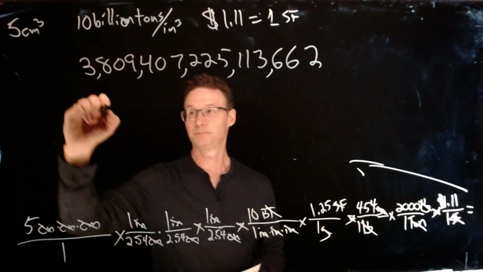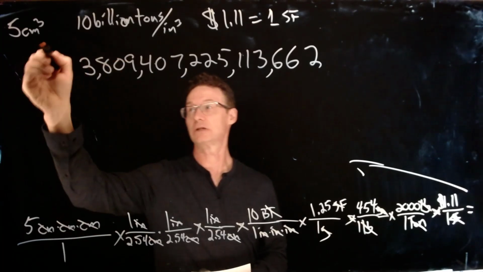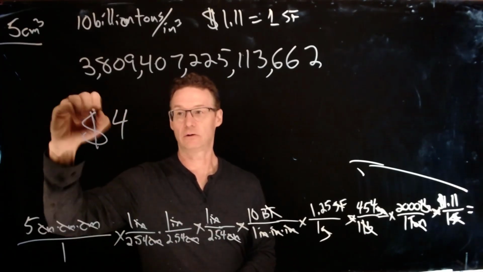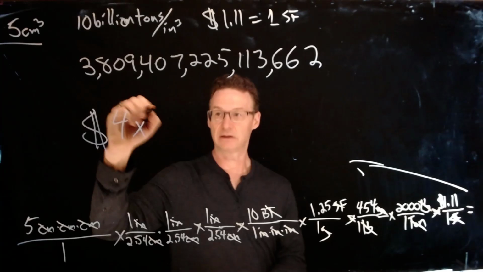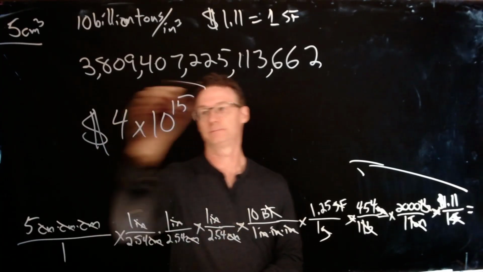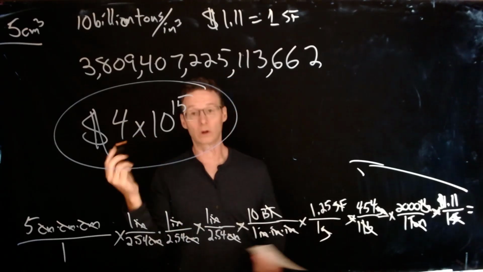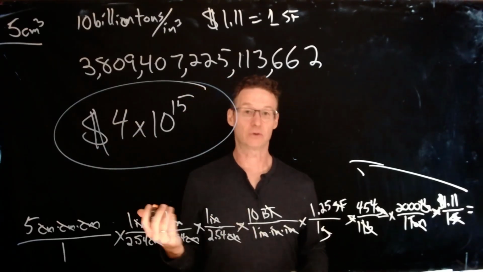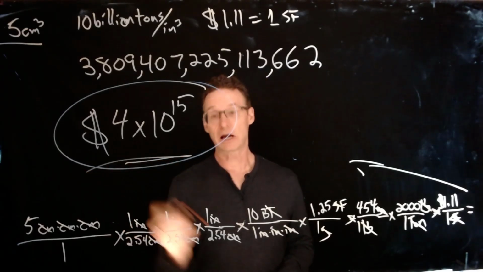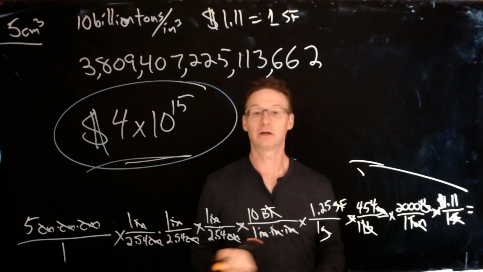It's a whole lot. If we put that into scientific notation, and since we started with one figure over here, it would actually all get rounded out to 4 times 10 to the 15th US dollars. Or roughly what Jeff Bezos earned in the time it took me to make this video. So it costs a lot to ship a neutron star, if you could do that.